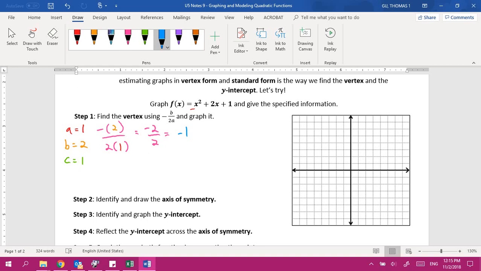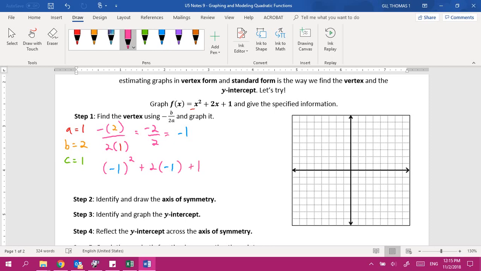How do I find the y value of the vertex? We plug it in to all the x's in the original equation. So it's going to be negative 1 squared plus 2 times negative 1 plus 1.